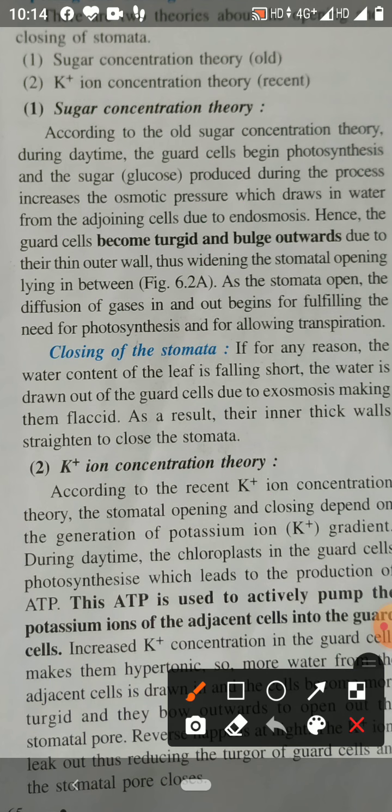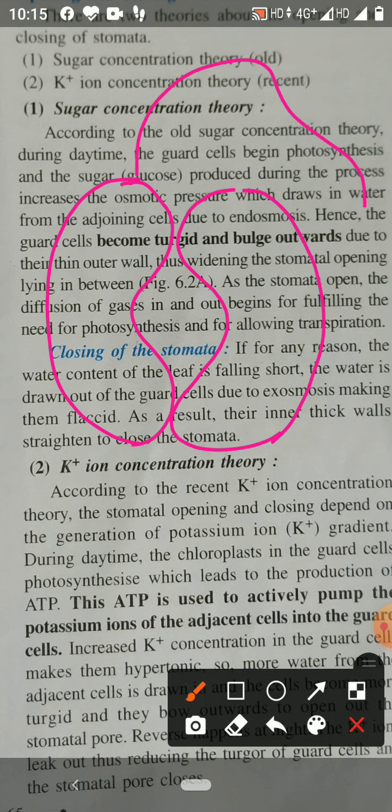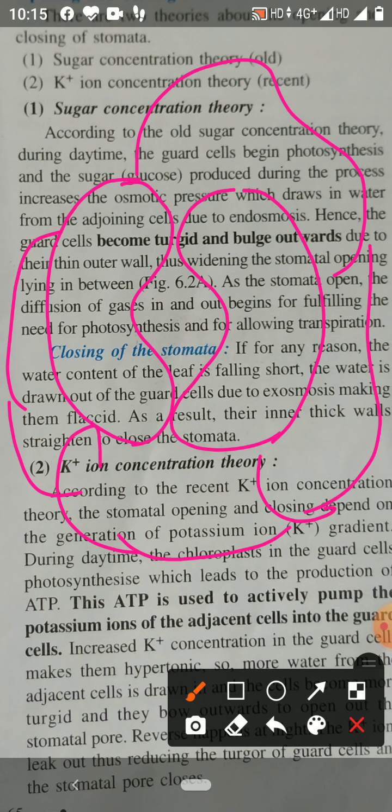So when you see the structure, this is the structure of the guard cells. Guard cells are surrounded by adjacent cells. To utilize the ATP which is synthesized, potassium ions from the adjoining cells are pumped into the guard cells.